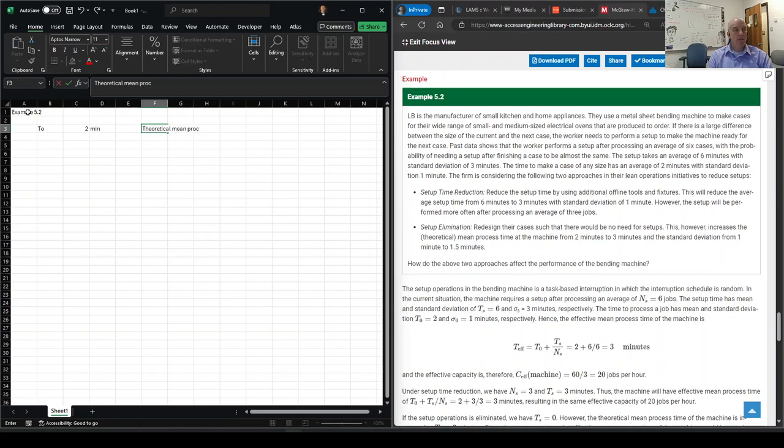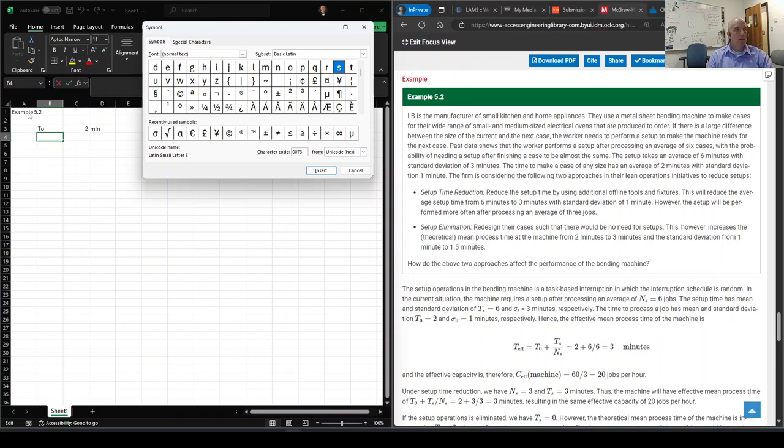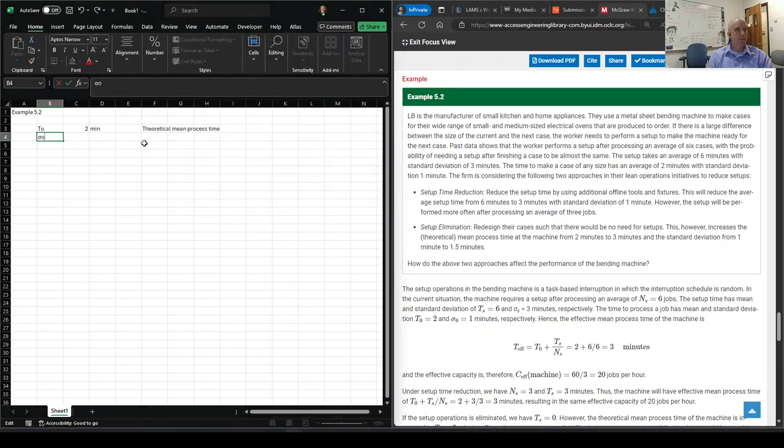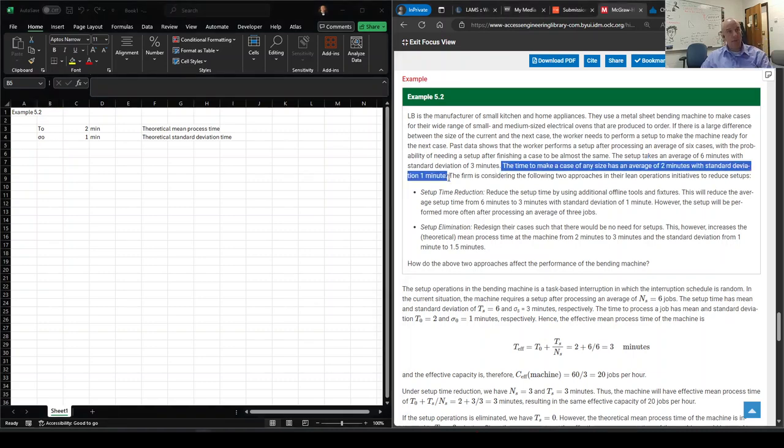We also know that the theoretical standard deviation is 1 minute. And I'm getting that from right here: the time to make a case of any size has an average of 2 minutes with a standard deviation of 1 minute.